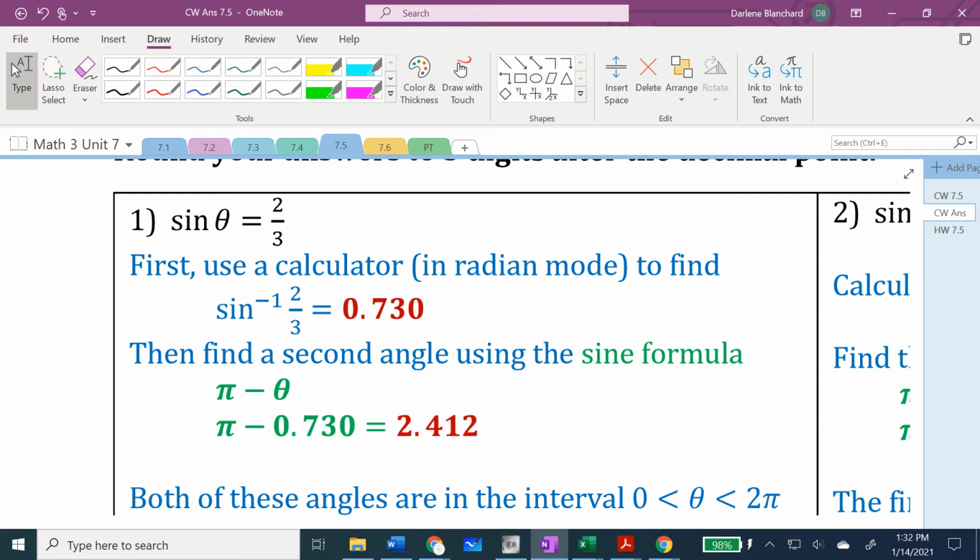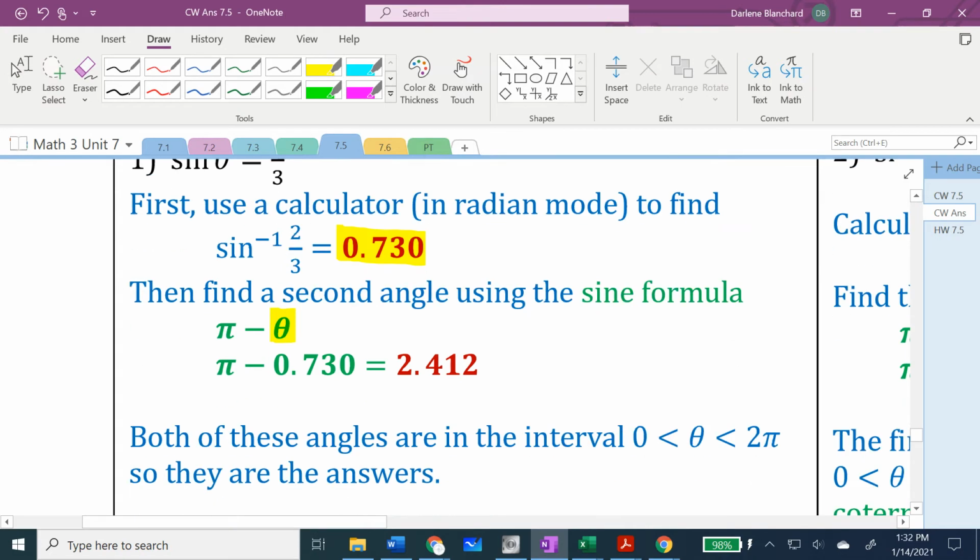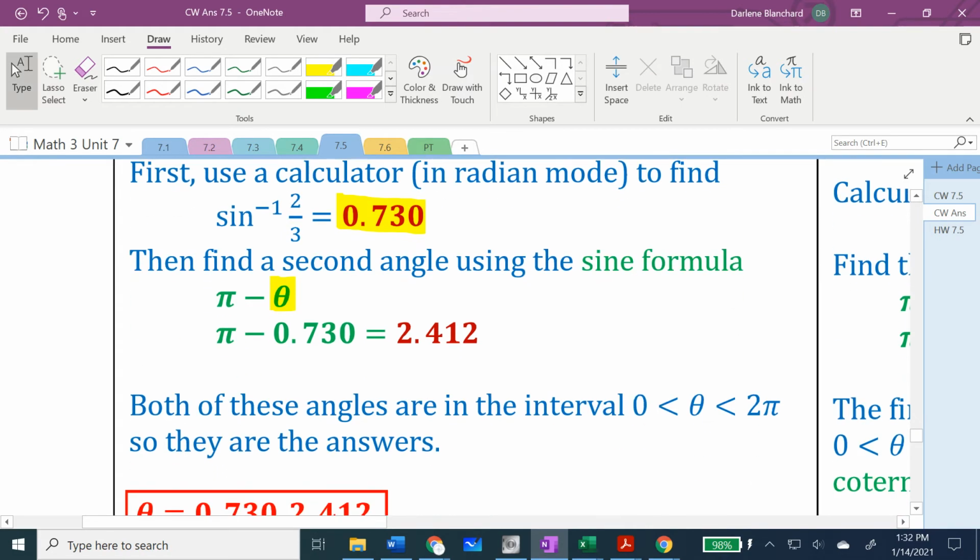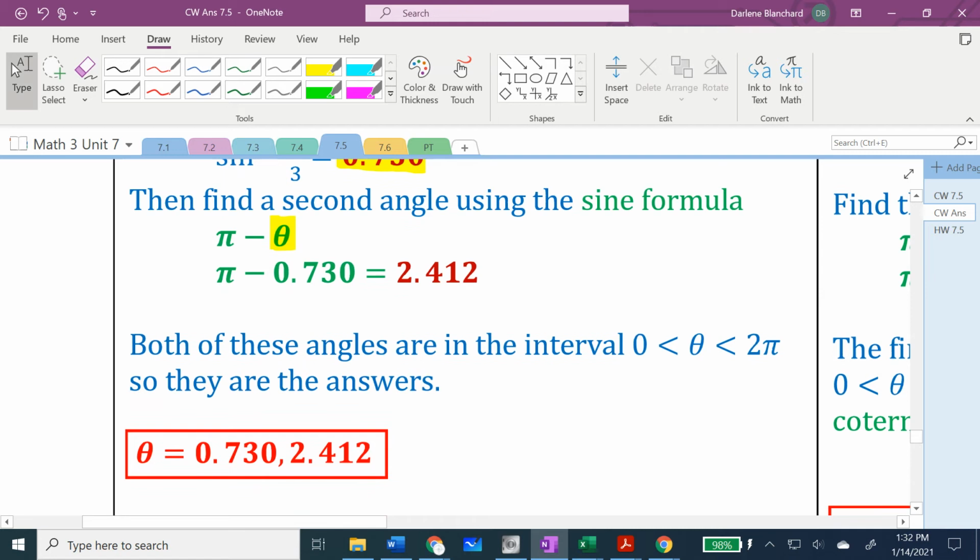Then we're going to find out that that formula works to use pi minus whatever angle that I just got. So the answer that I got here is my theta that I'm referring to here. And both of these angles are in the interval 0 to 2 pi. So those are my answers. And voila, done. Over.